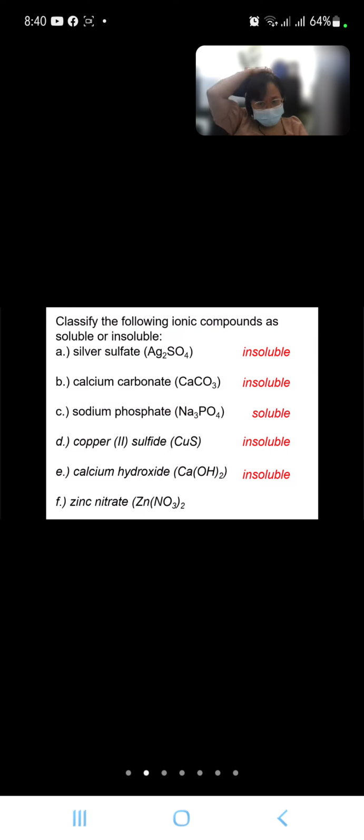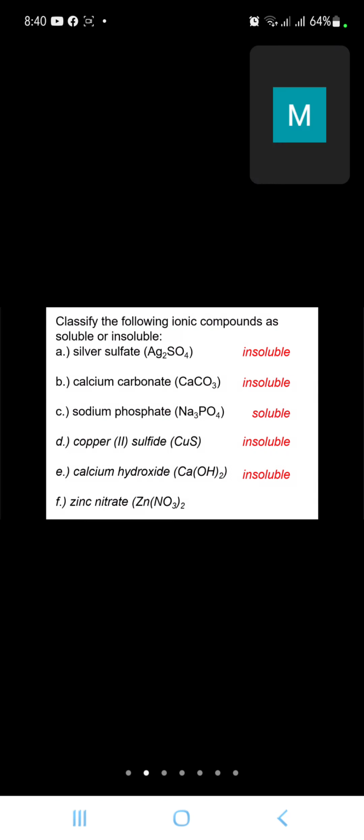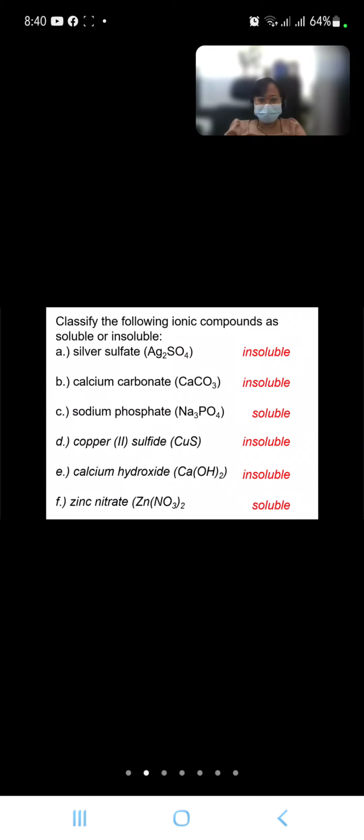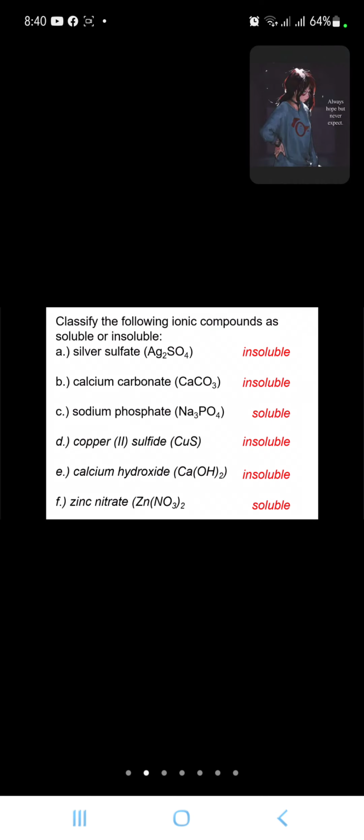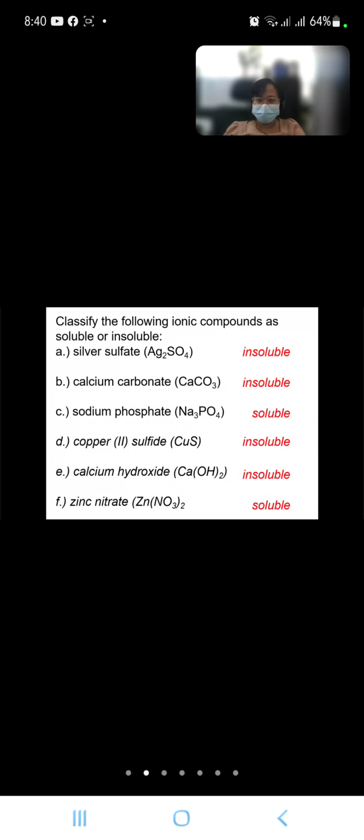Zinc nitrate. Soluble. Nitrates are soluble. So there is no exception for nitrate. Any compound formed by nitrate ion and a metal ion is a soluble compound. Very good. Thank you for your participation.